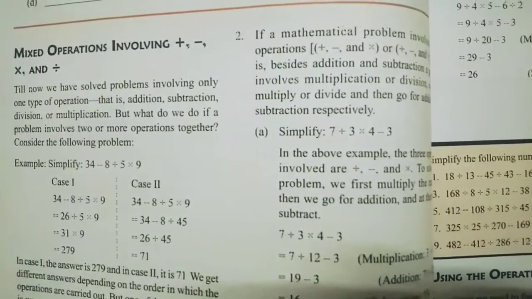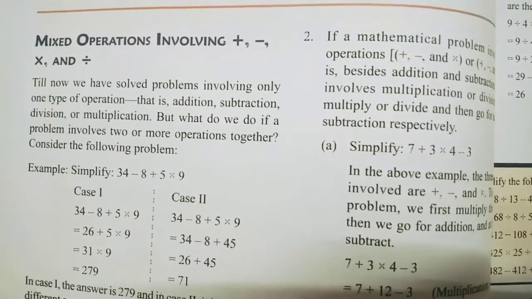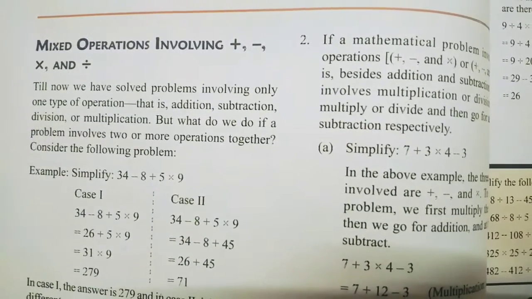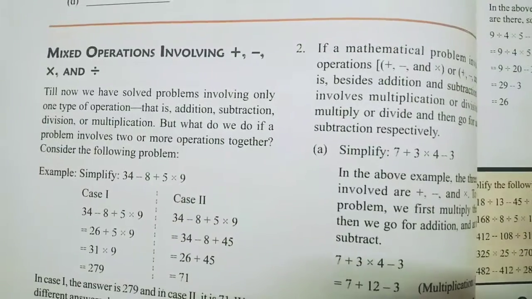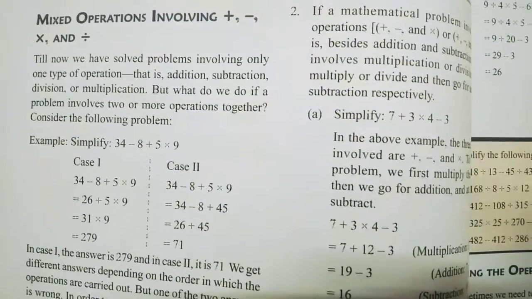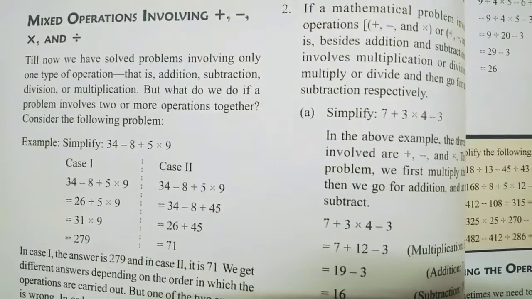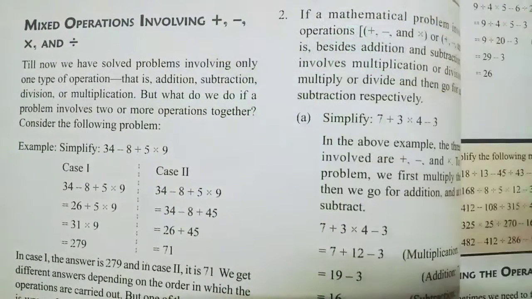Now today, we'll discuss the next topic in this chapter, that is mixed operations involving plus, minus, multiplication and division. So these are the four operations. We'll discuss all these things. That means you will get problems, questions, which will involve all the four operations.